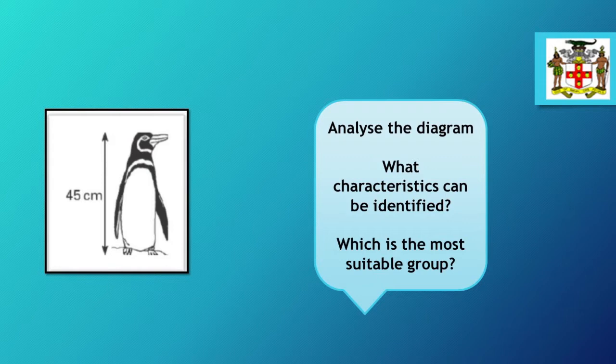So we must remember this information. What else can you see? Well, on its face, it has a white marking. So let us go back to the key to see if we can identify which group this penguin belongs to.